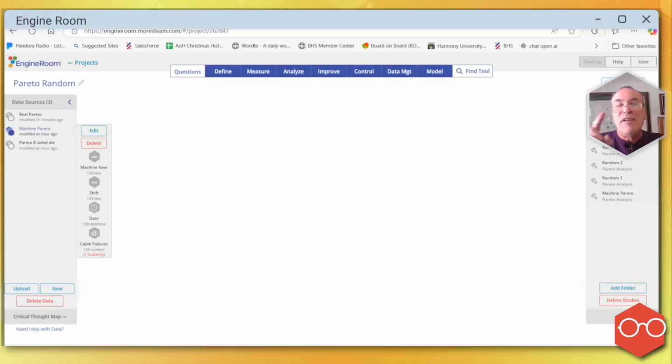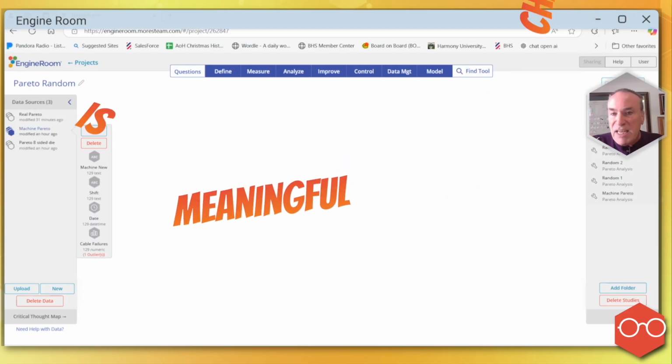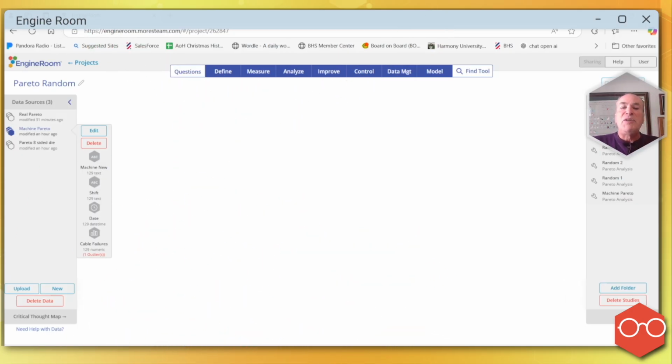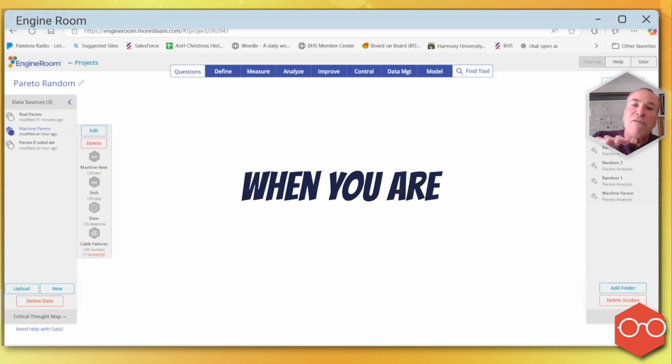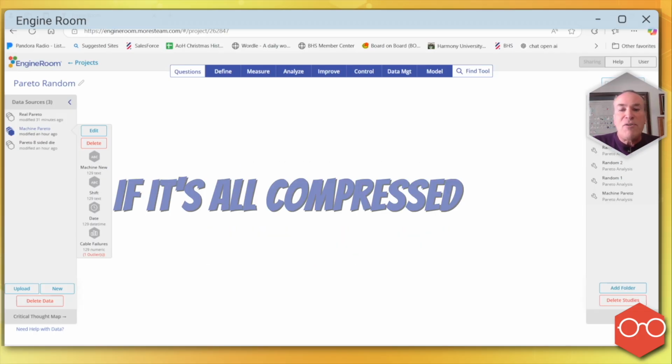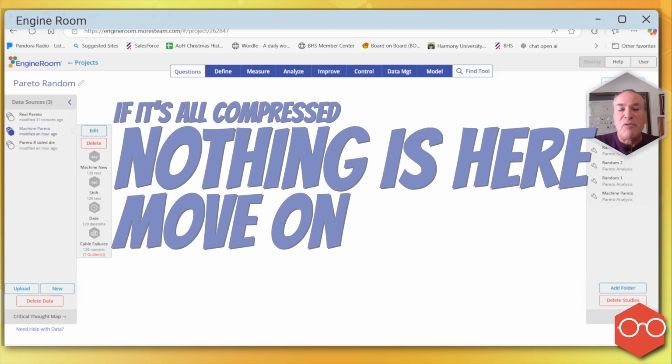Now, if the Pareto chart is meaningful, it's kind of hard to see the Pareto chart. So here's my advice. When you are first running a Pareto analysis, leave the line on. If it's all compressed, nothing's here, move on.